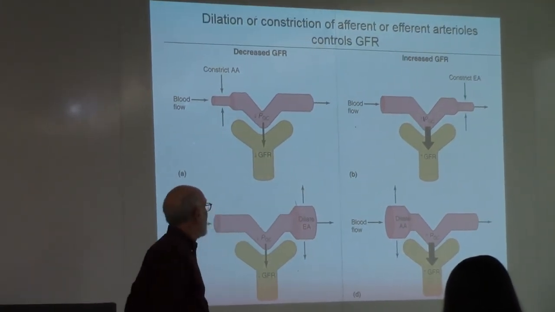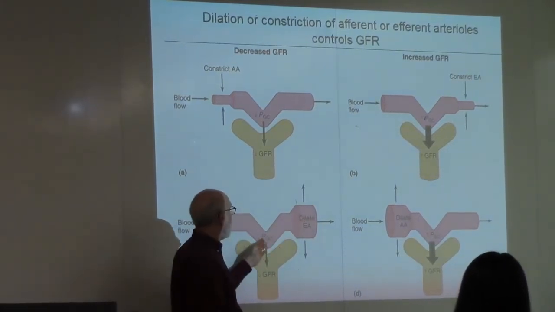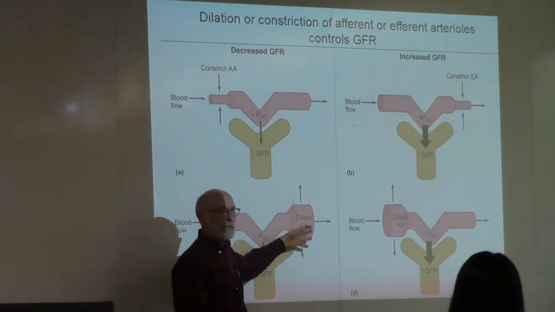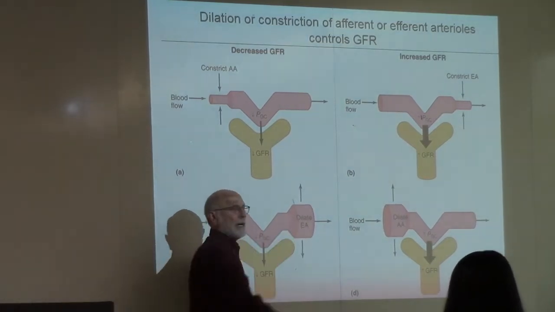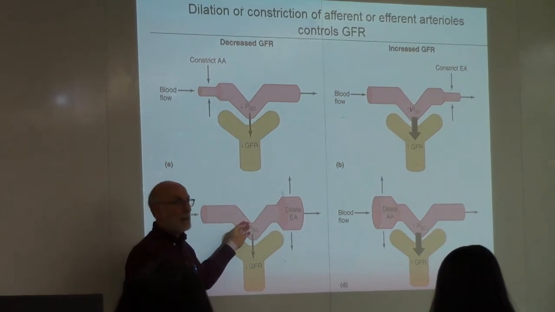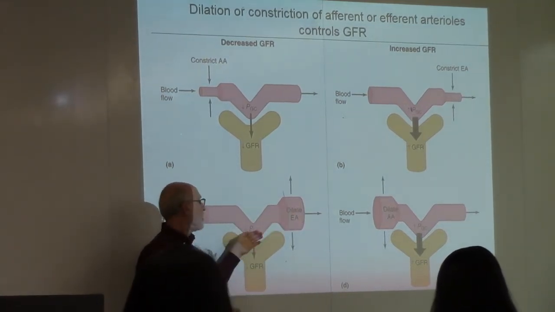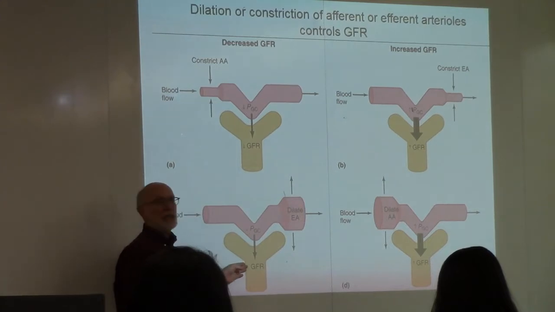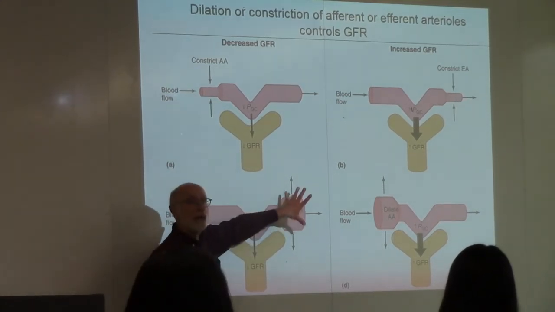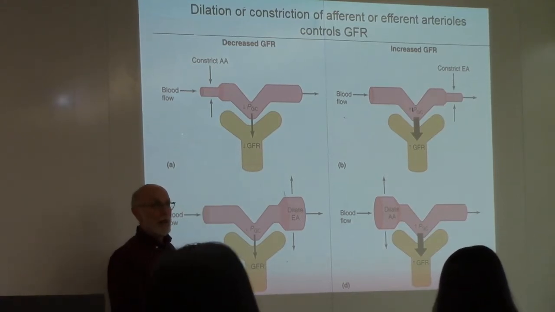If we dilate the efferent arteriole, then the pressure in the glomerular capillary is decreased because there's this big tube that the glomerular capillary is connected to, and that sort of drains the fluid and lowers the pressure and lowers GFR. So we can constrict the coming in, or we can dilate the going out, and both of those would decrease glomerular filtration rate.